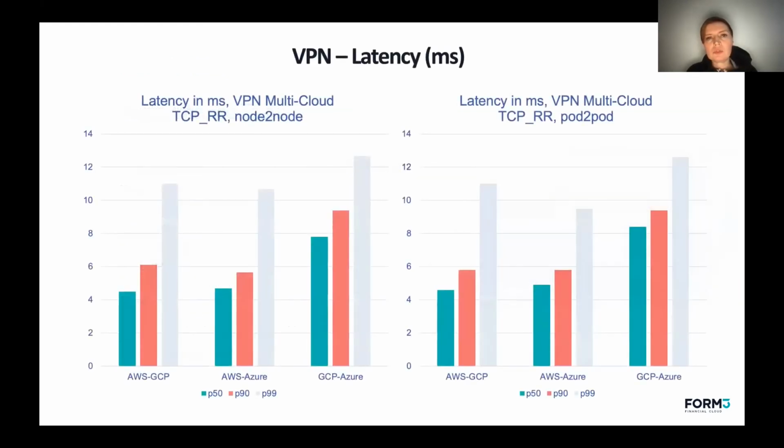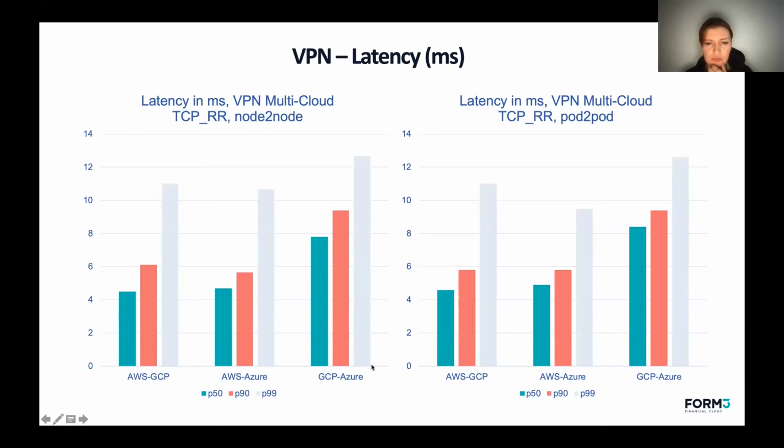And when it comes to latency for VPN, when you take a look at VPN and node-to-node versus pod-to-pod connectivity, you don't see so much difference. That's good. And actually, the average, for example P90, the 90th percentile of latency, is pretty good. Here you see results for each pair of clouds.